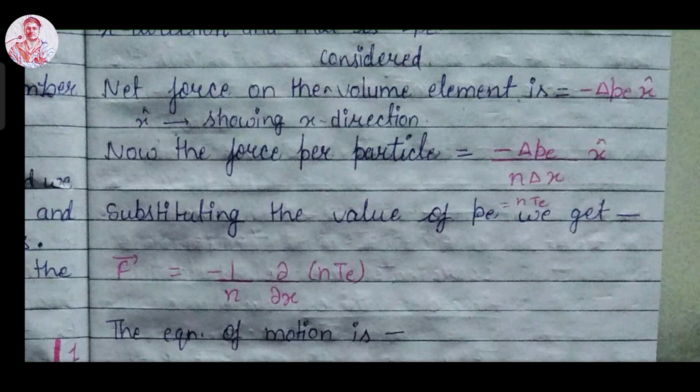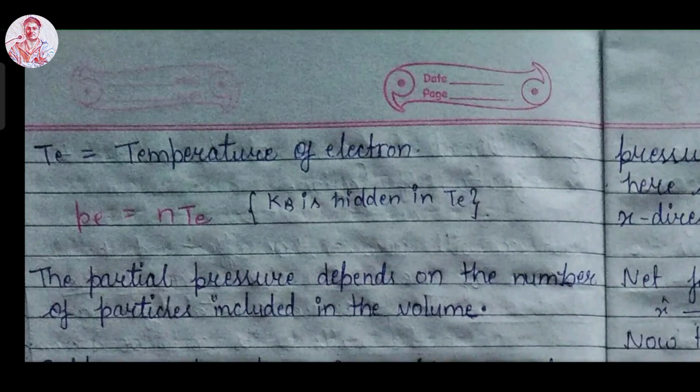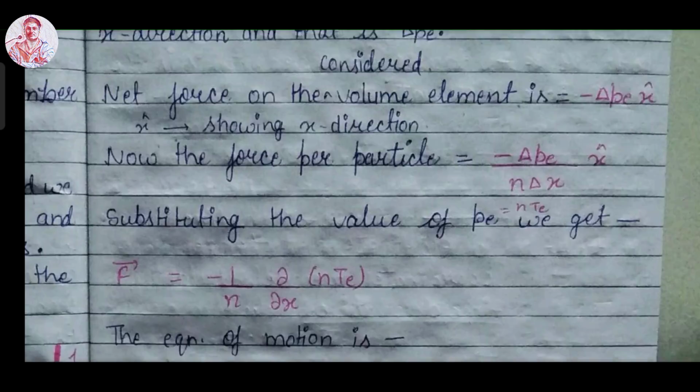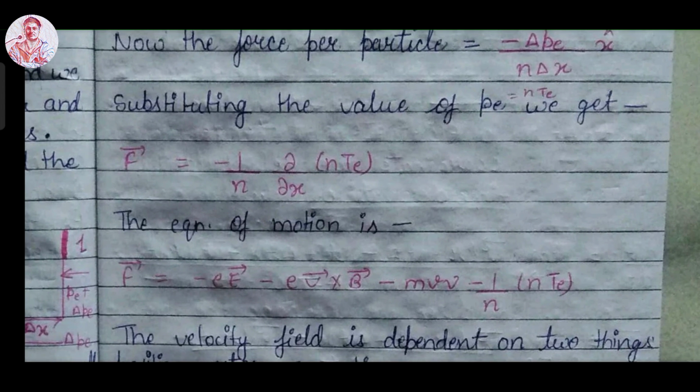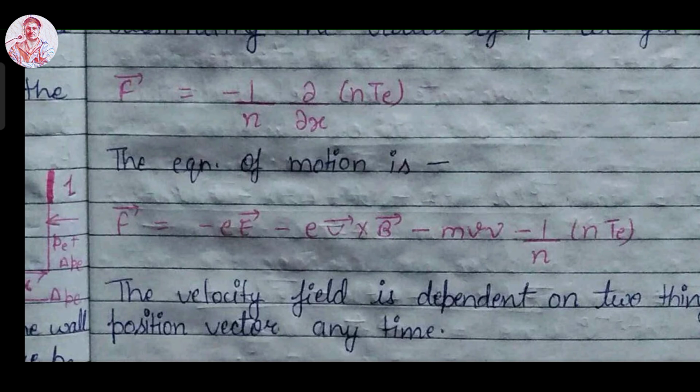Substituting the value of Pe, which is equal to nTe, as we have earlier derived, in the equation, the force will become vector F is equal to minus 1 upon n del over del x nTe. Now the equation of motion becomes m dv/dt equal to minus e E minus e v cross B minus m v nu minus 1 upon n del nTe.